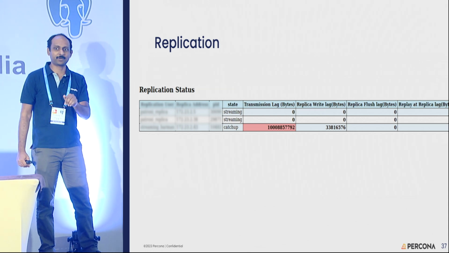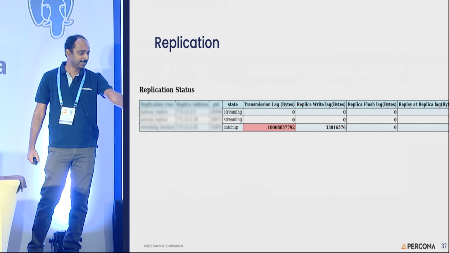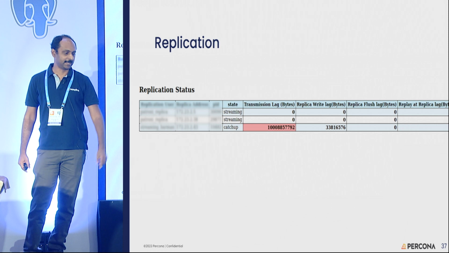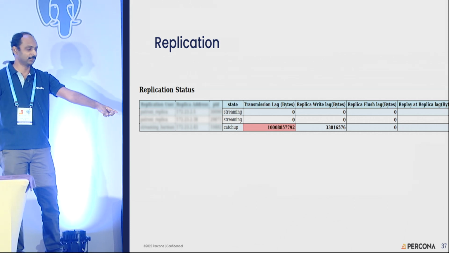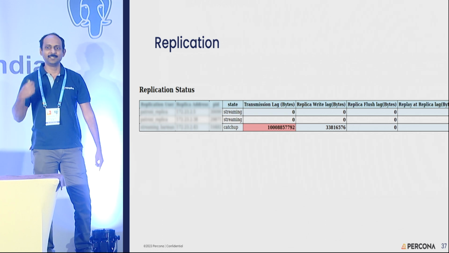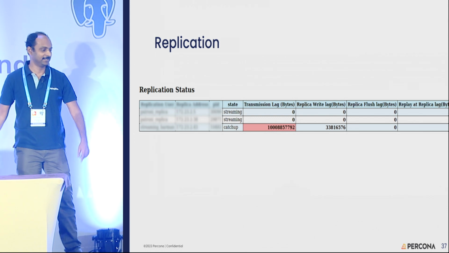Only then can we address the problem in the real world. In this case, we can see that the transmission lag is high for one of the replicas, but not for the other. That indicates there is no problem with the primary. There is something wrong, the acknowledgement is not coming back from the standby. So the standby needs to be inspected.